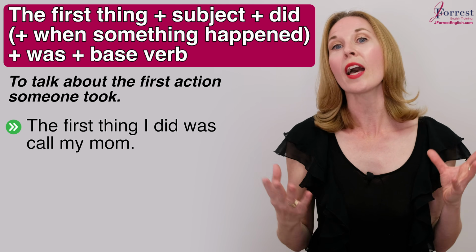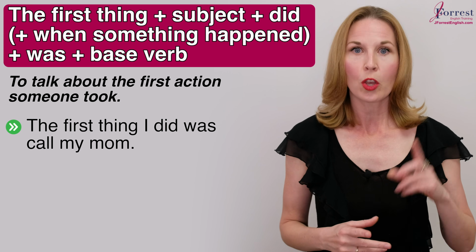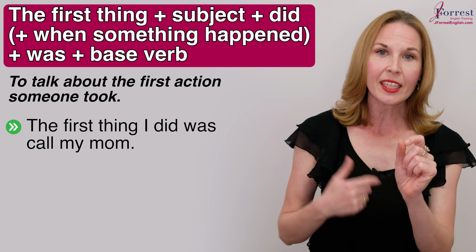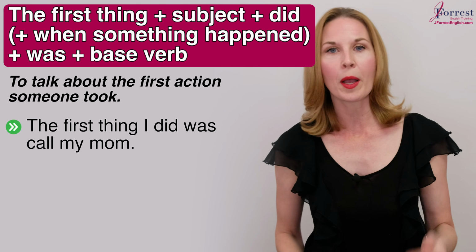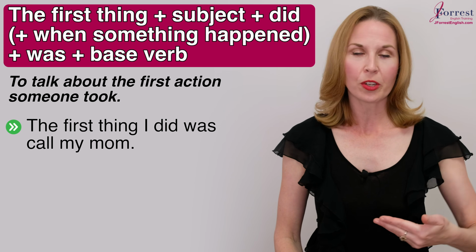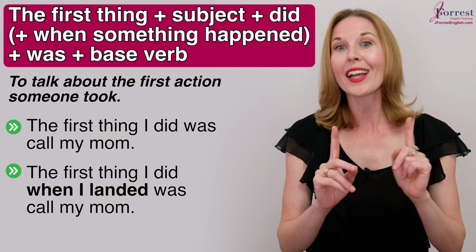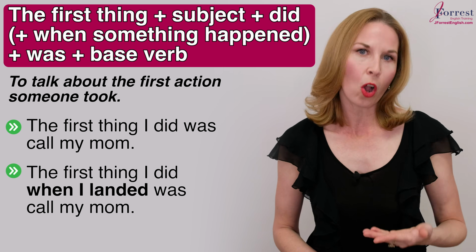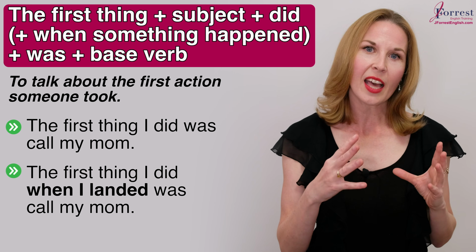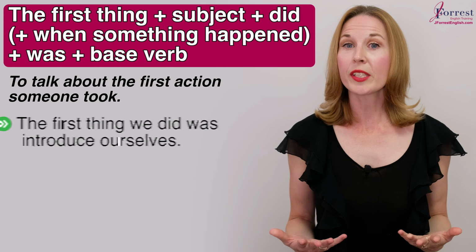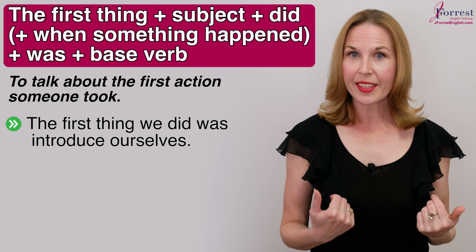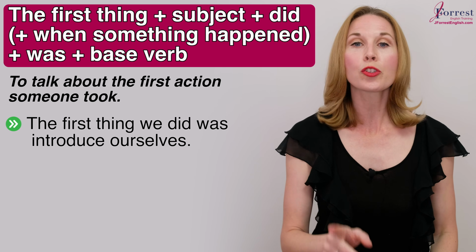That's the pattern without the optional information. The first thing I did was call my mom. Now, if you want to add that optional information, you can say, the first thing I did when I landed was call my mom. So notice that additional information. You could say, the first thing we did was introduce ourselves.